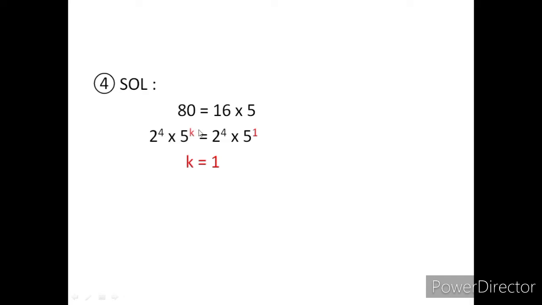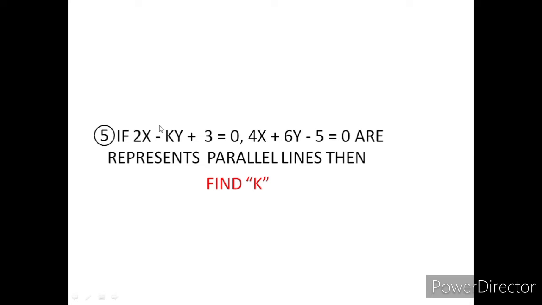Therefore, here 16 can be written as 2 power 4, 5 can be written as 5 to the power of 1. Whenever you compare, here 2 power 4, here 2 power 4 should be cancelled. Therefore, 5 to the power of K is equal to 5 to the power of 1. Therefore, here bases are equal. Therefore, exponents should be equal. Is it clear? Then go for next problem.